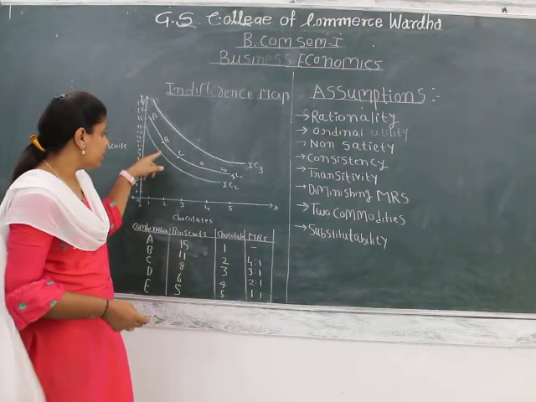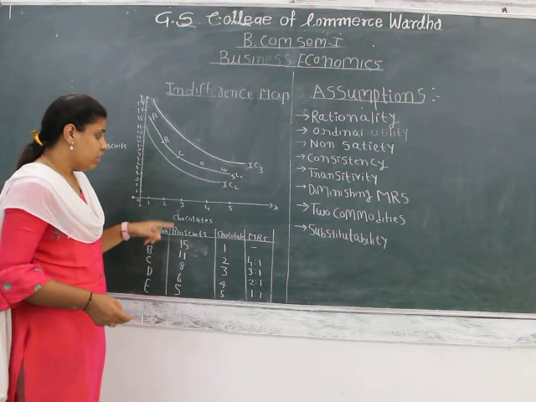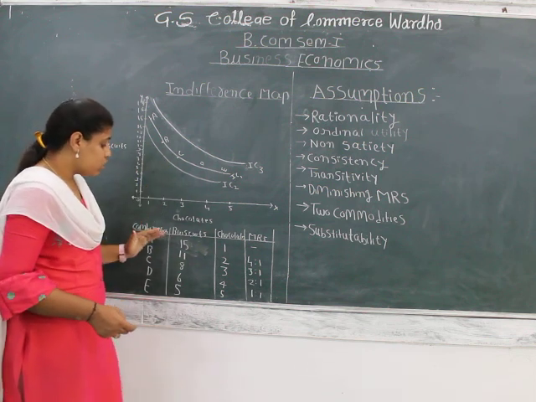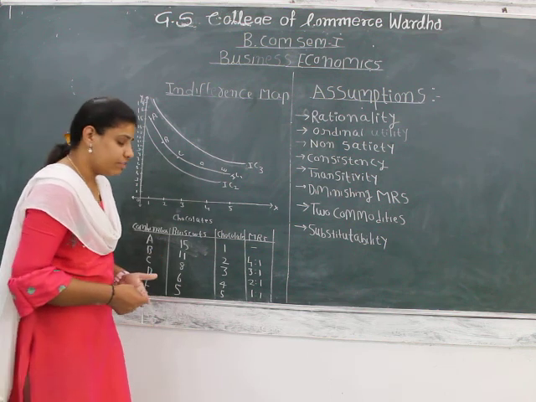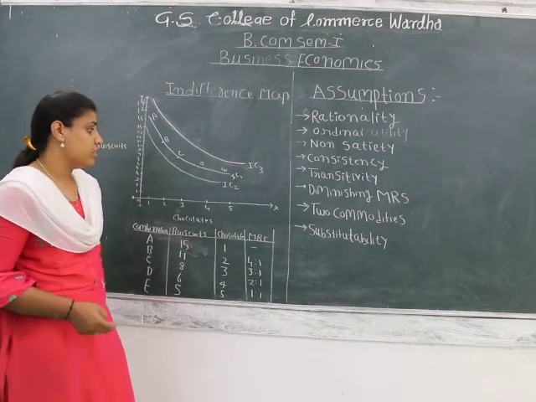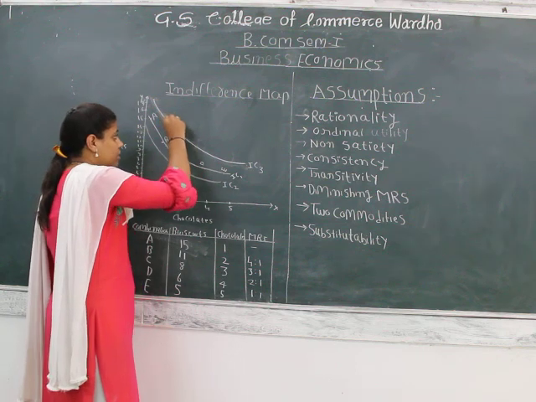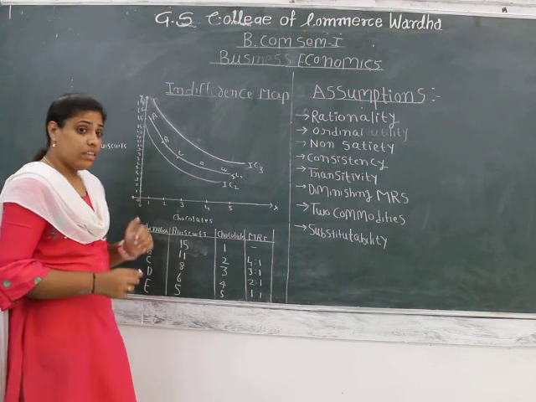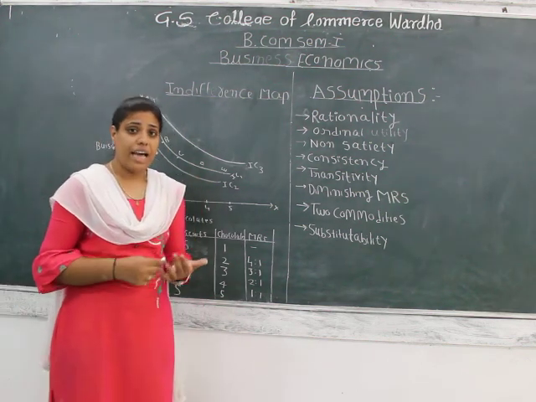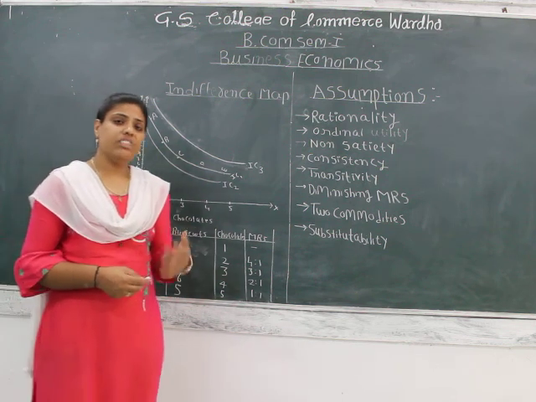See, here it is IC1, that is indifference curve 1, that we drew on the basis of the schedule which I explained in the previous lecture. Now here you can see another indifference curve is drawn above this curve, and it is said that the higher indifference curve gives a higher level of satisfaction.